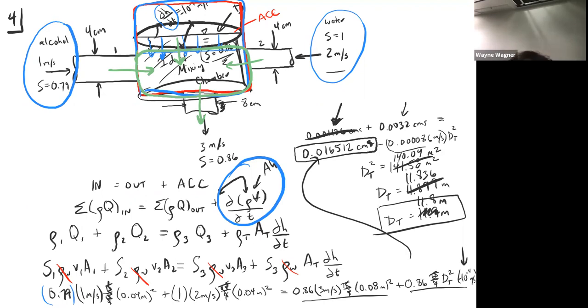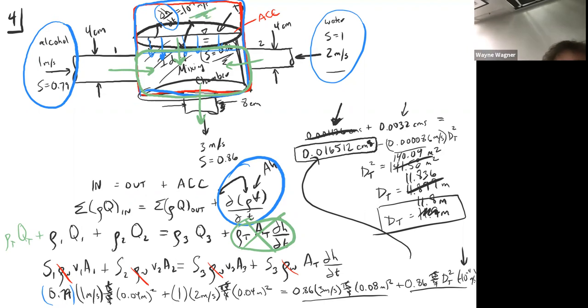In that case, instead of having this term right here, we would call this rho tank. Rho tank times Q tank would be another in term, and the velocity would be the absolute value of this right here.